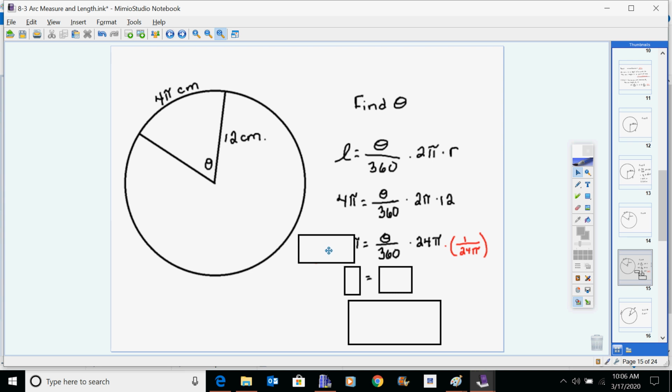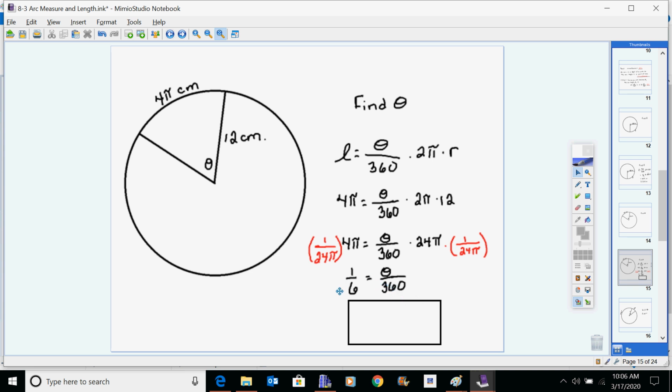But remember your rules of algebra, you need to do the same thing to both sides. So we'll multiply both sides by 1 over 24 pi. The pi's will cancel out, so you have less work to do. And 4 and 24 also cancel out because 4 goes into 4, 4 goes into 24, and you get 1/6. There's your theta over 360.